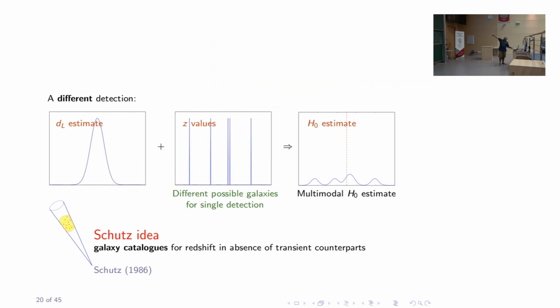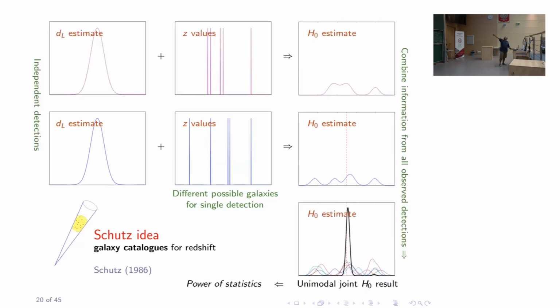Here we see 4 peaks. Once again, we do not know which is the correct peak, so this distribution by itself is also not useful. Now consider not one or the other, but many such detections. So, not one, not 2, but many such detections.